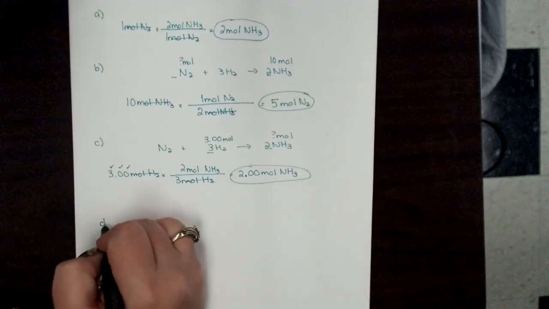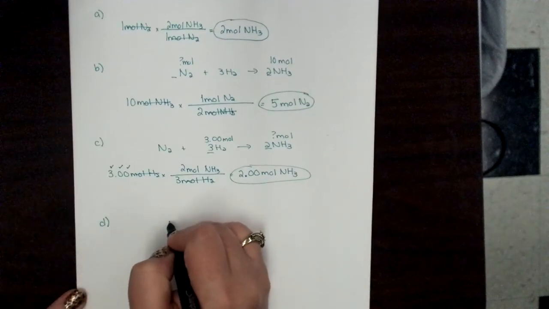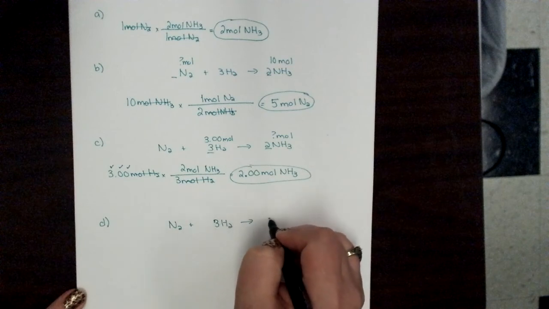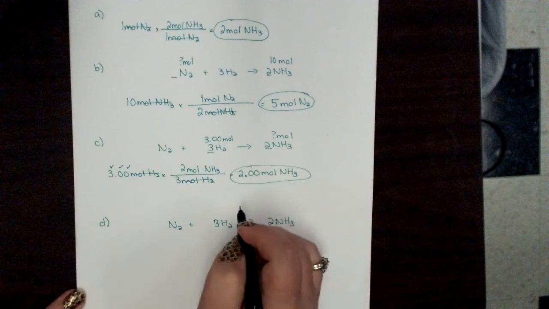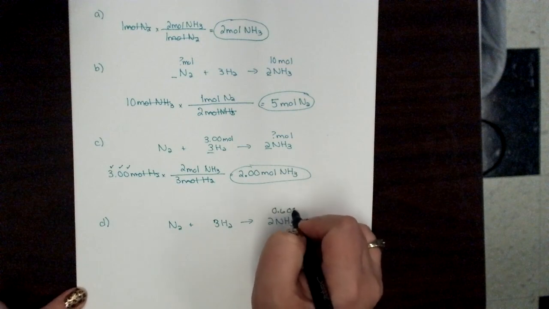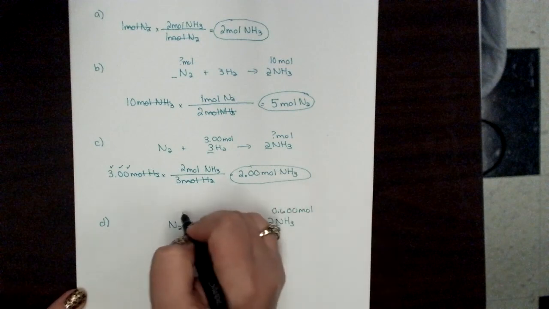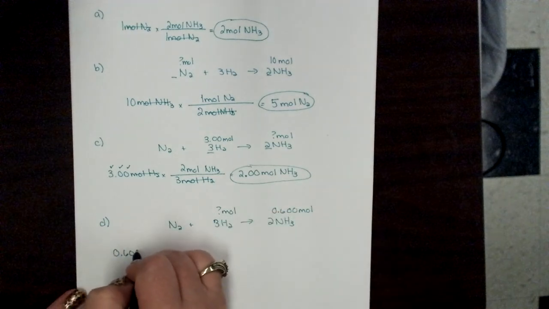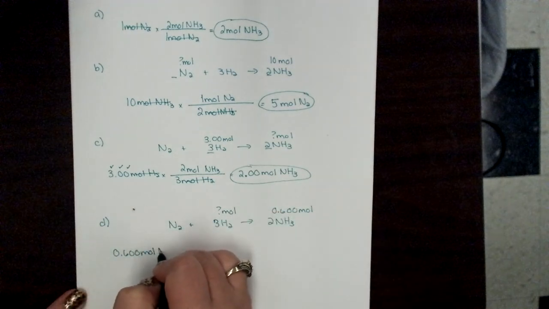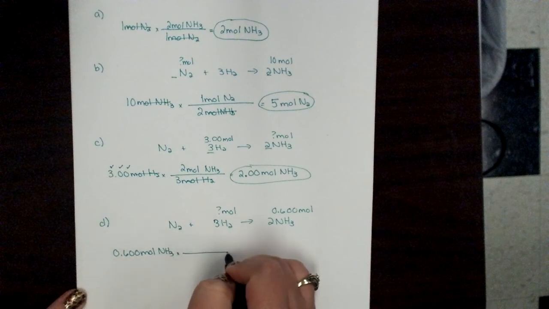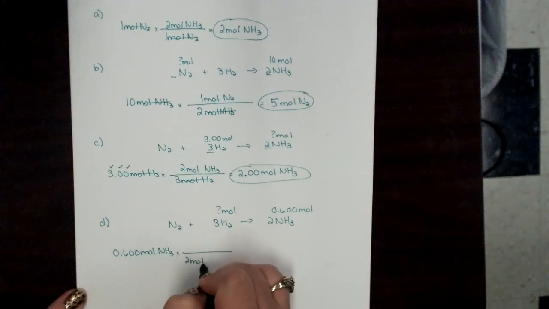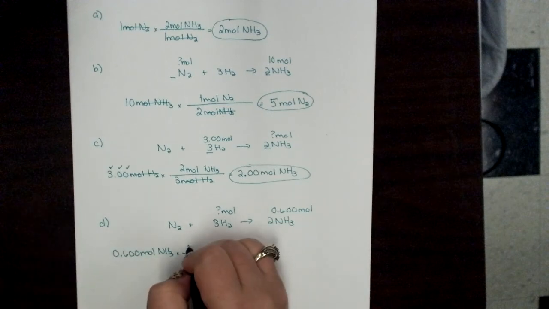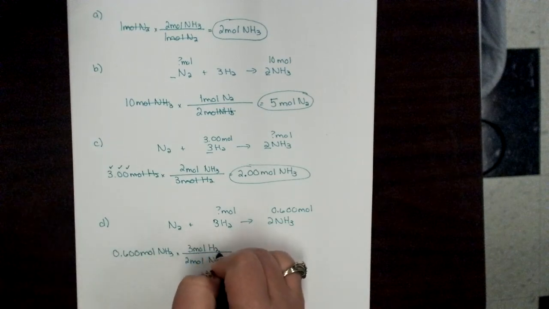And then moving on to D, same reaction. This time we have 0.600 moles, and they want to know how many moles of hydrogen. So 0.600 moles of ammonia, 2 moles of ammonia on bottom, and 3 moles of hydrogen on top.